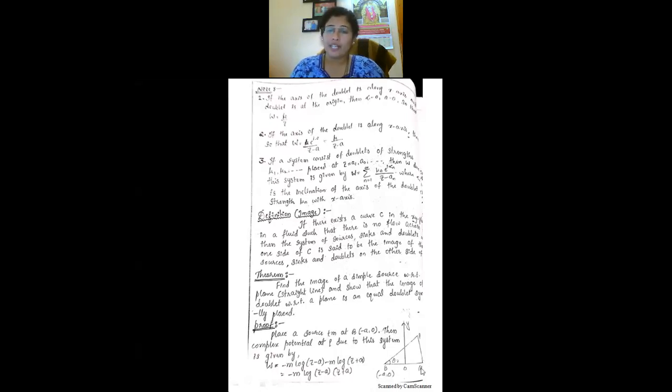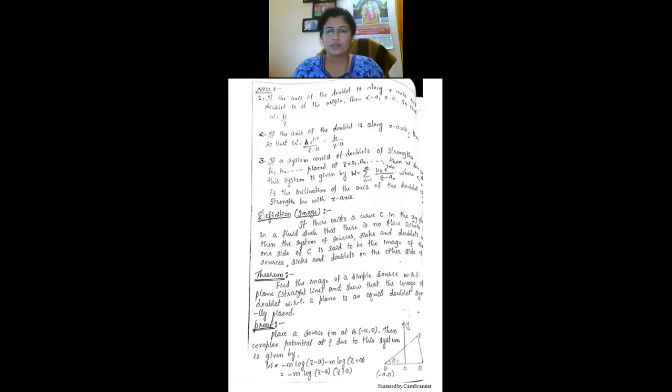Whenever you write the strength of the source, you write minus m log z minus a, because the place is z equal to a. The same is written for the image: minus m log z minus, here the position is minus a, so it becomes minus of minus, plus, so z plus a.